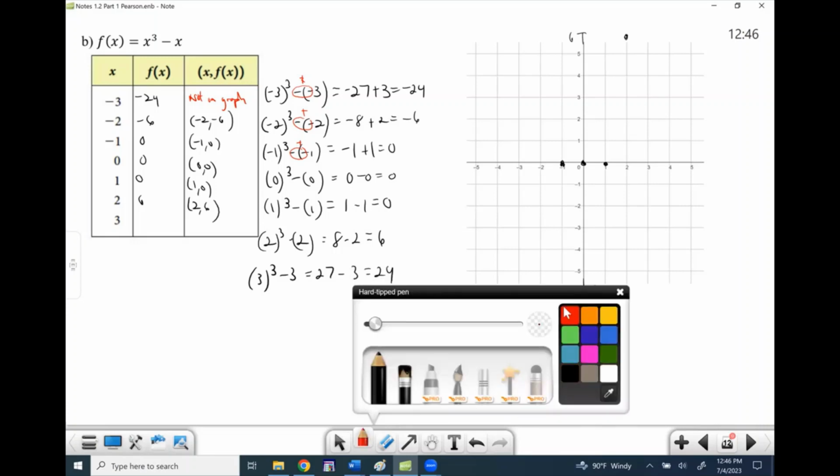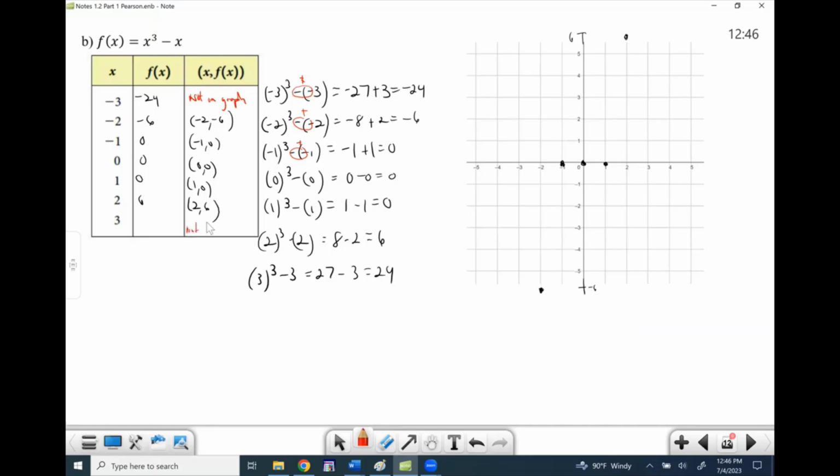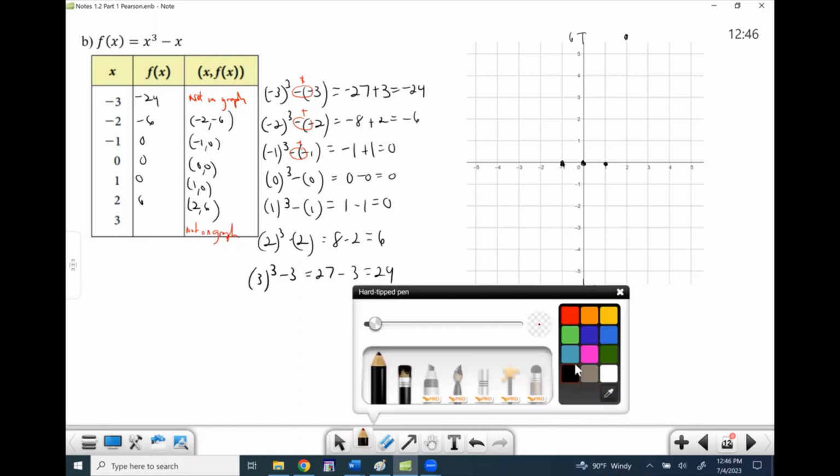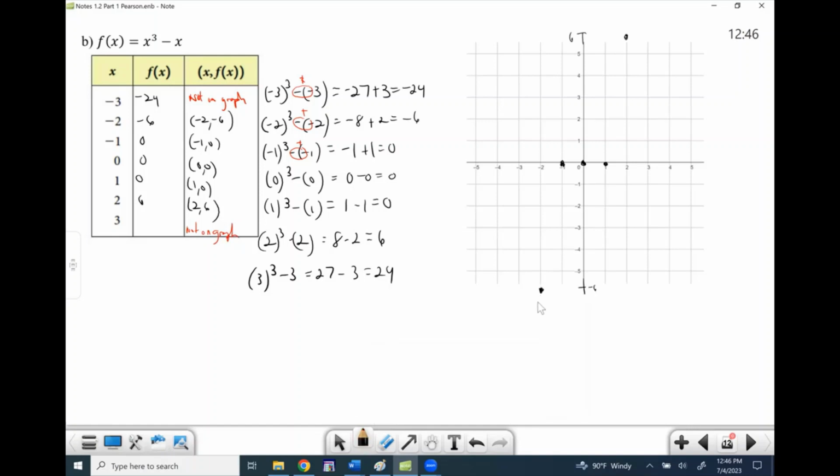So we'll go ahead and say not on graph. Okay, so if we go to graph this, it should look something like that. And if you're using MyMathLab to do this, it pretty much graphs it for you as long as you have enough points, the amount of points it requests. You'll just click the graph button and it'll graph it.